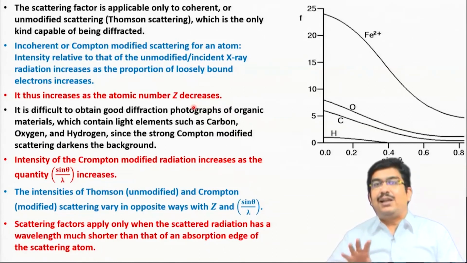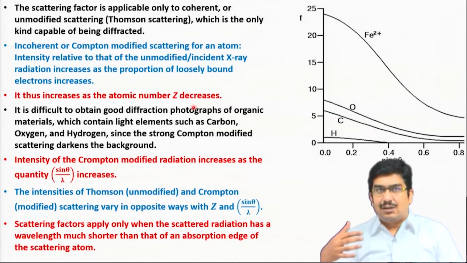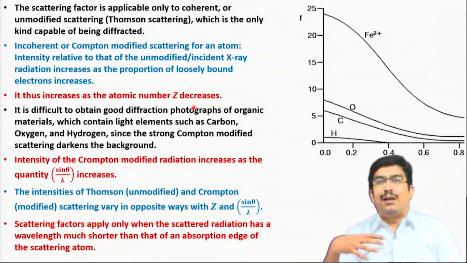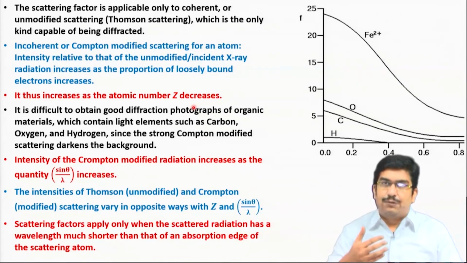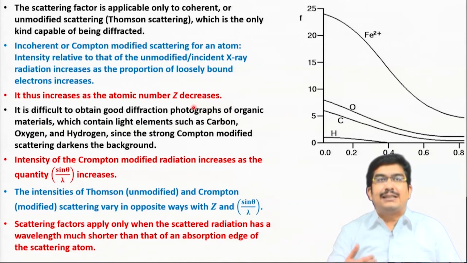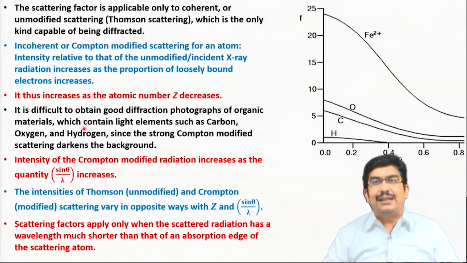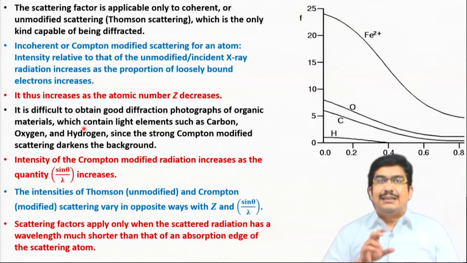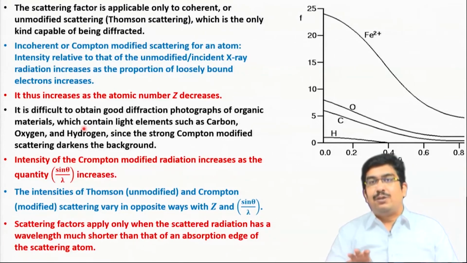Let me put it the right way around. The intensity of the Compton modified radiation increases as the atomic number decreases, because if the atomic number decreases, there will be more loosely bound electrons present there.